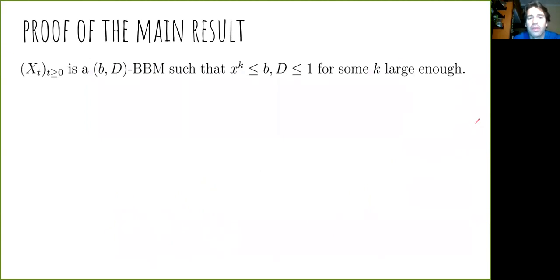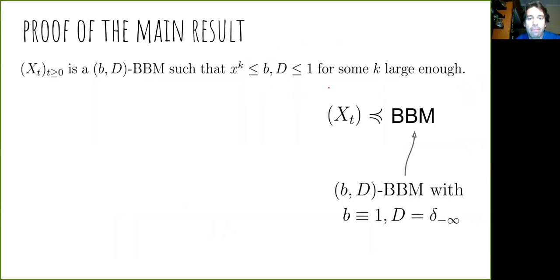Okay, we finally give a sketch of the proof of our main result. Recall we have a BD-BBM such that both B and D are between x to the k and 1. Our domination result from the previous slide allows us to dominate the BD-BBM, this one, from above by the standard BBM.